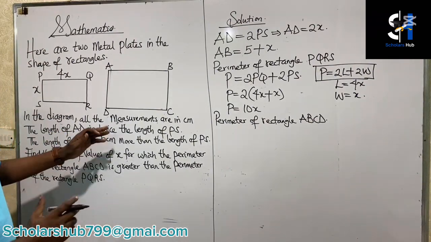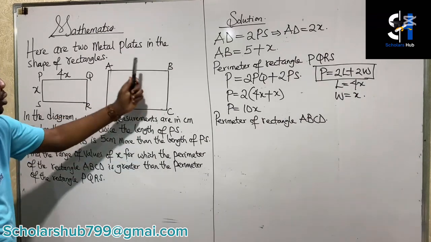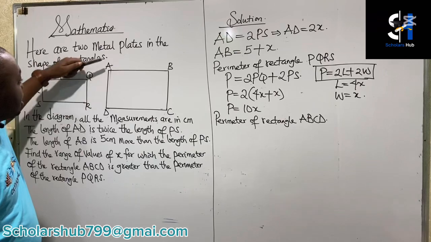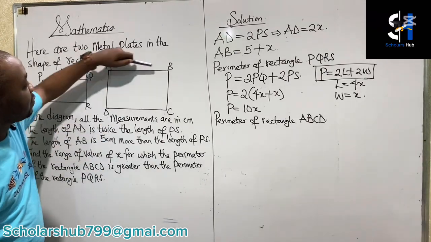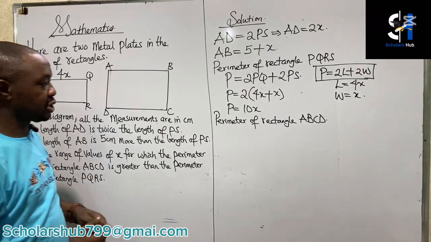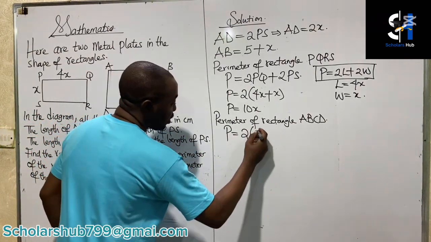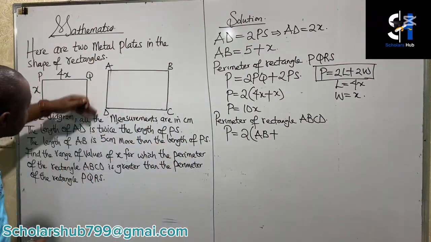But in this case, remember the length of this second metal plate will be AB, because this side and this side they are equal. And the length of this side is what? 5 plus x. So the perimeter would be 2 multiplied by AB plus now this side, which is AD.